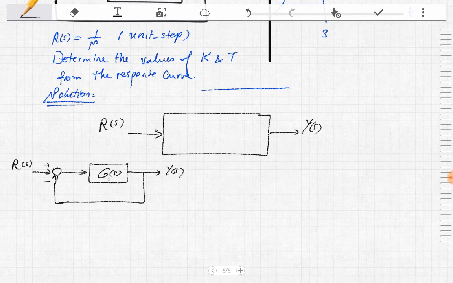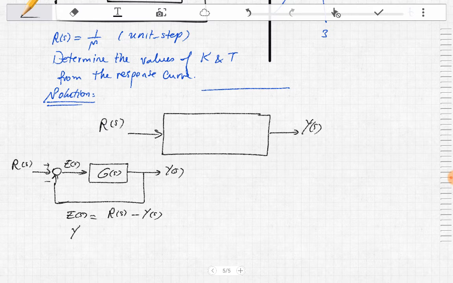Y of s is equal to G of s times this signal here, call it E of S, the error. What is E of S? It is R of S minus Y of S, so E of S is equal to R of S minus Y of S.